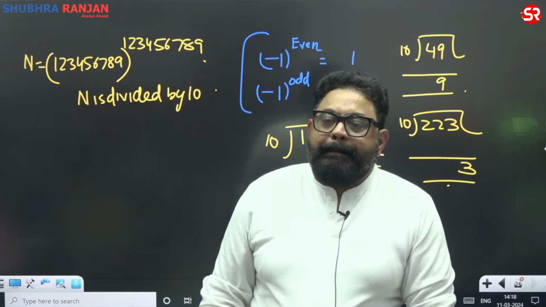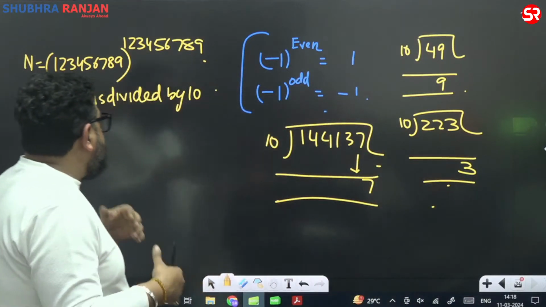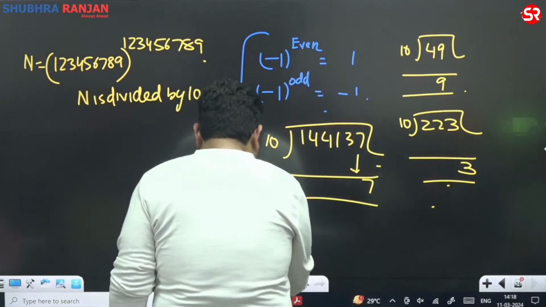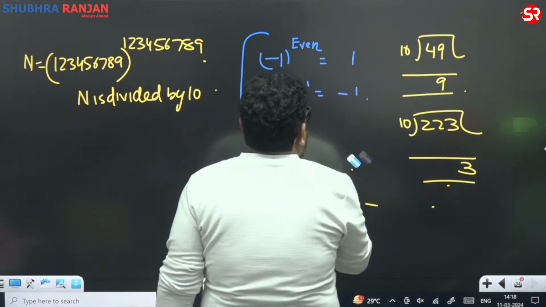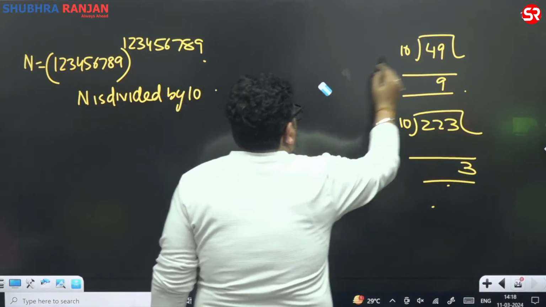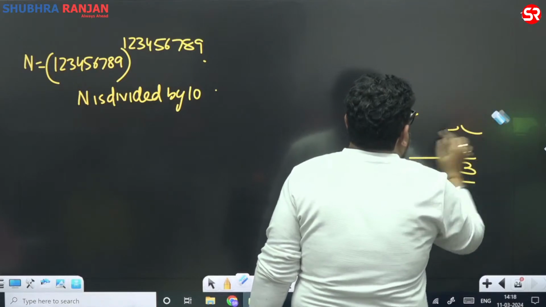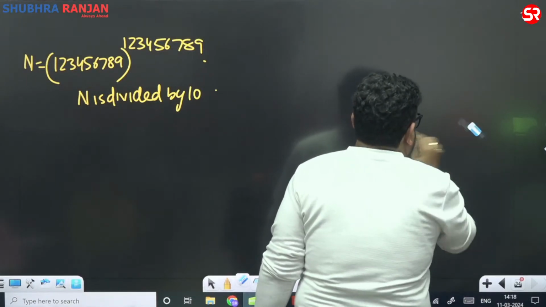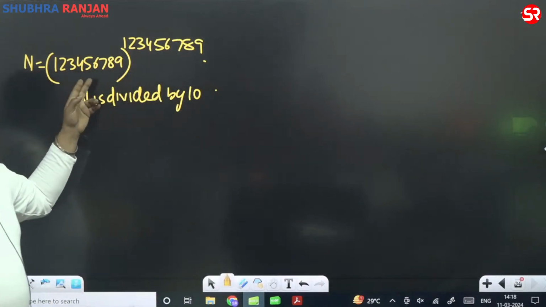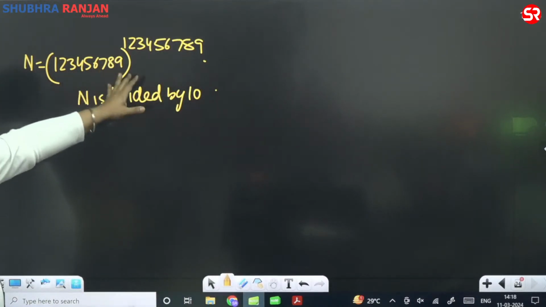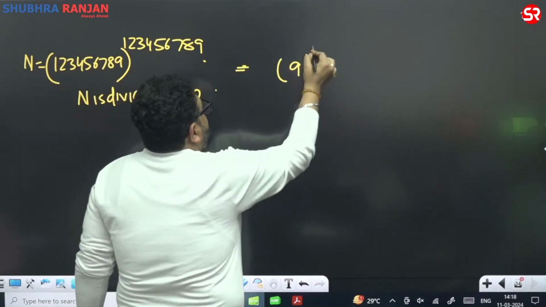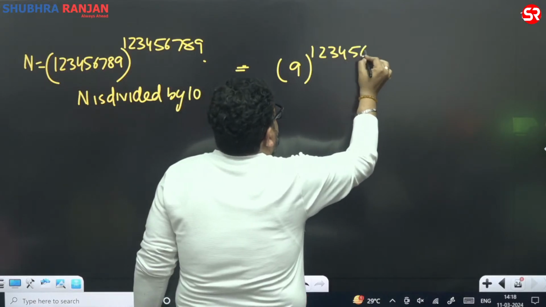Agreed? Now, if I make it a classic case, देखो एक बात सुनो, please pay attention. See, when 1, 2, 3, 4, 5, 6, 7, 8, 9 is divided by 10, what would be the remainder? Unit place is 9. It is 9 raised to the power 1, 2, 3, 4, 5, 6, 7, 8, 9.